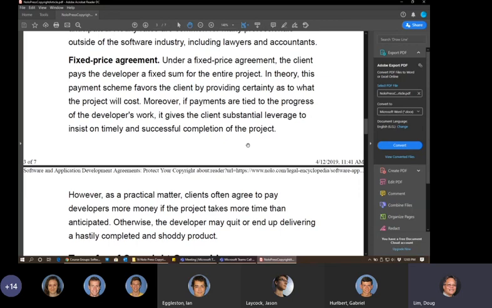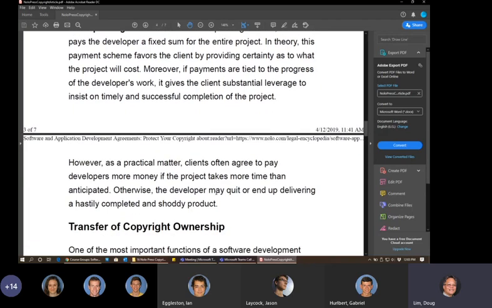We believe that you're close based on the deliverables you've given us thus far, and we're willing to have a new contract to help in finishing it because we do want a finished product. So those, again, are the two major types: time and materials, and fixed price.